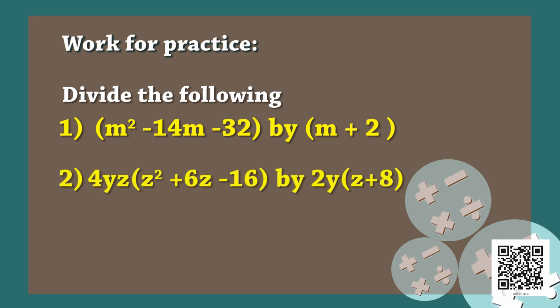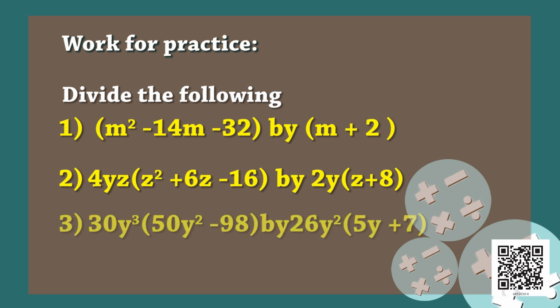Number 2, 4yz into (z square plus z minus 16) by 2y into (z plus 8). Third one, 30y cube into (50y square minus 98) by 26y square into (5y plus 7). So, in this way we can perform the division operation among the given algebraic expressions.